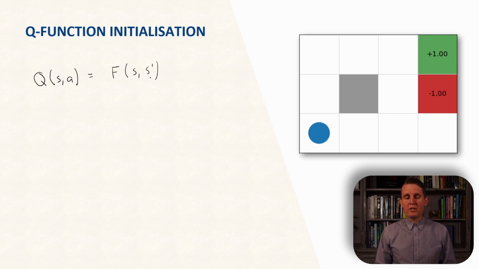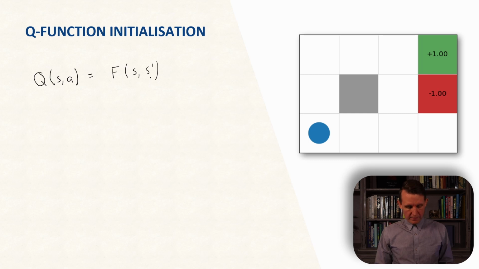In fact, it turns out if we just define our potential function as our value function and our potential function is static, then reward shaping and Q function initialization are equivalent. They will converge onto the same policy and in the same amount of time.